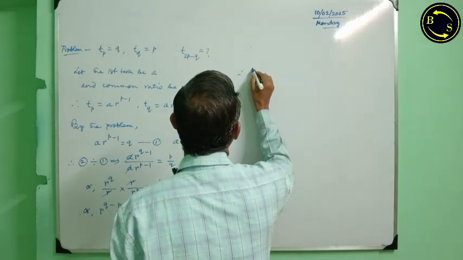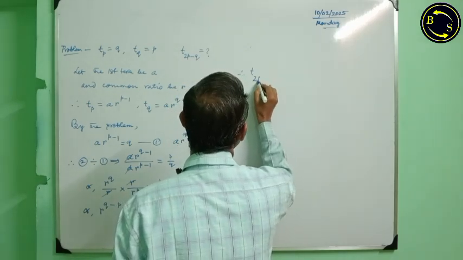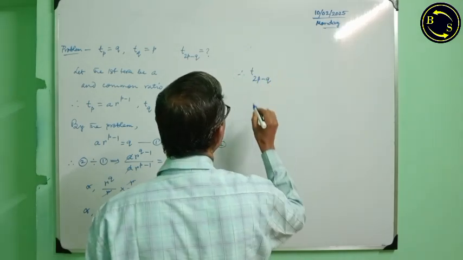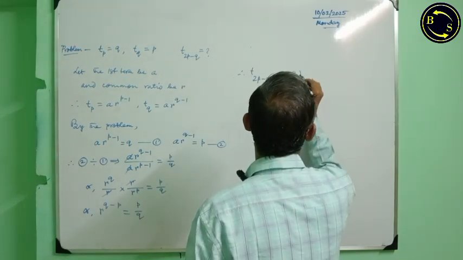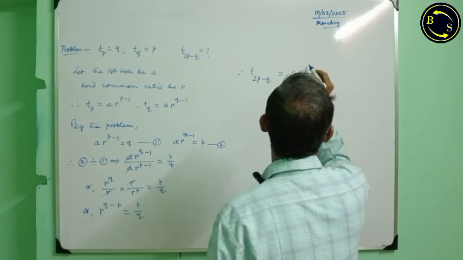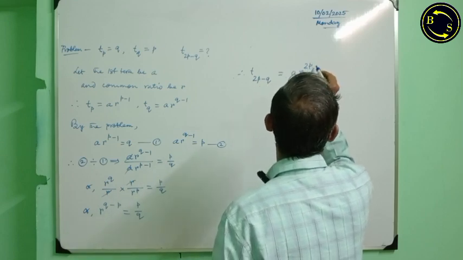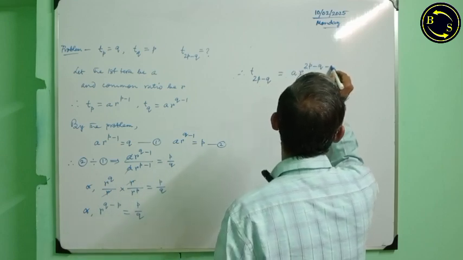Therefore, T of 2P minus Q, that is equal to A R to the power 2P minus Q minus 1.